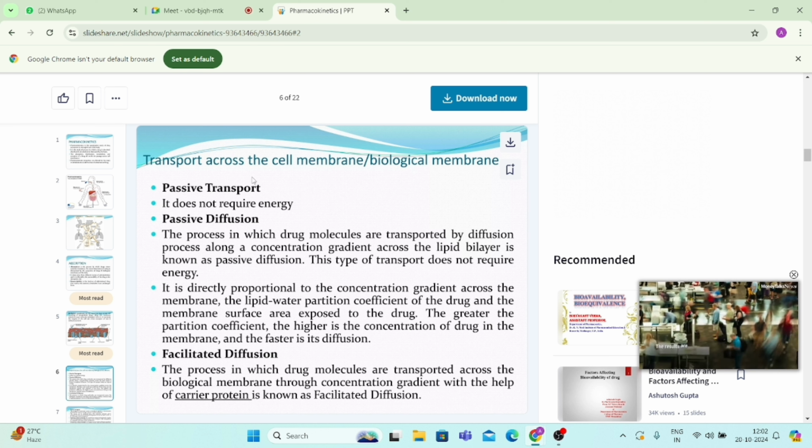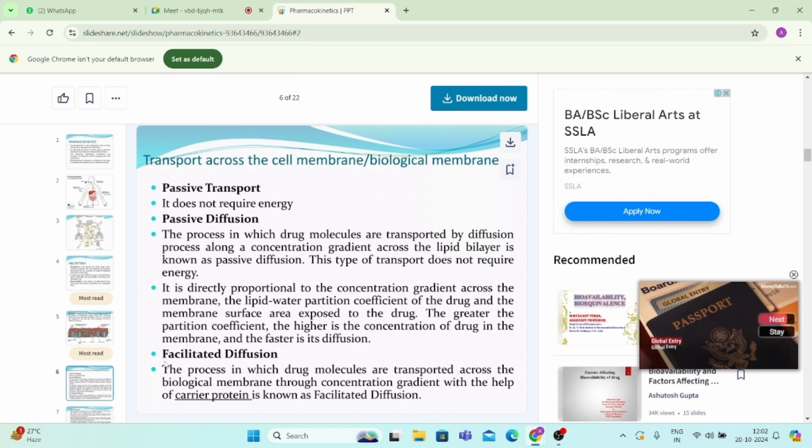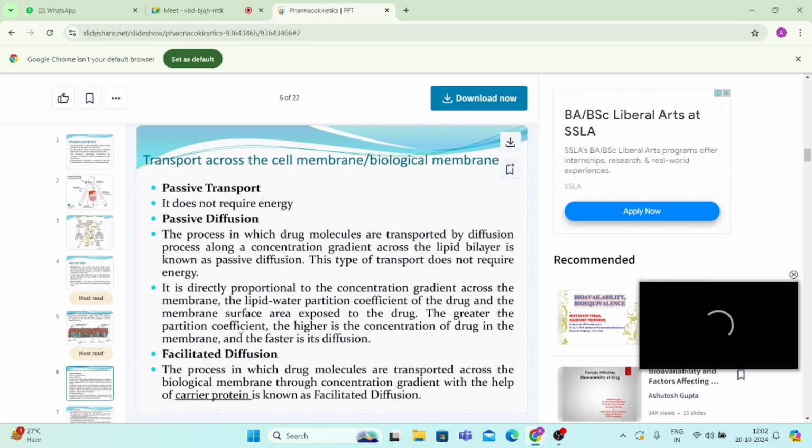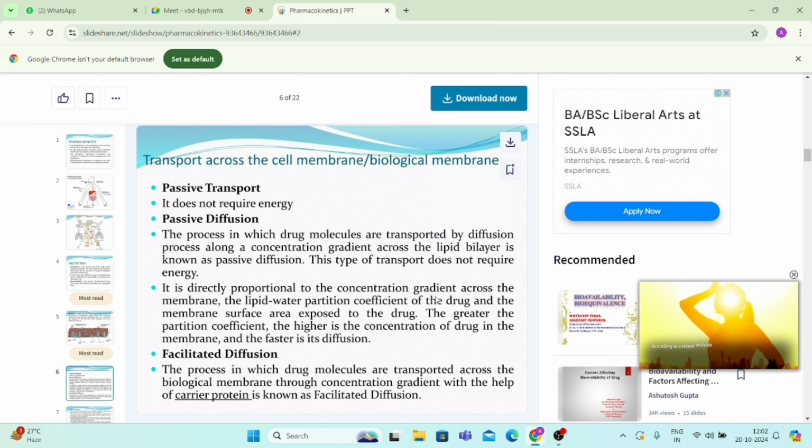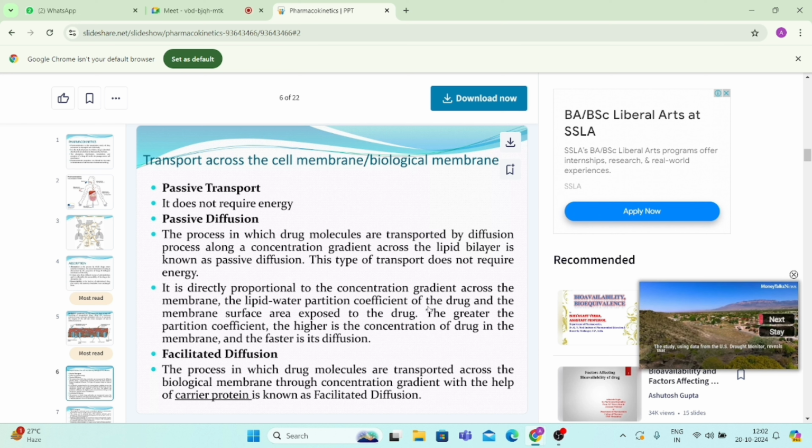And when we talk about passive diffusion, passive will always not require any energy. Here we need to understand one important thing. Passive diffusion is directly proportional to the concentration gradient across the membrane, the lipid water partition coefficient of the drug, and the membrane surface area exposed to the drug.